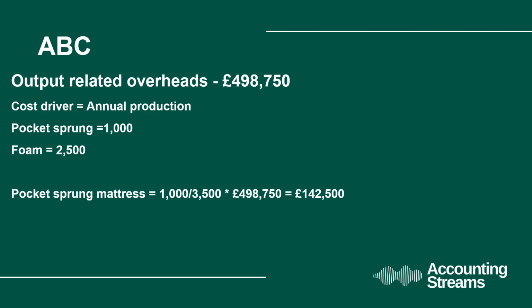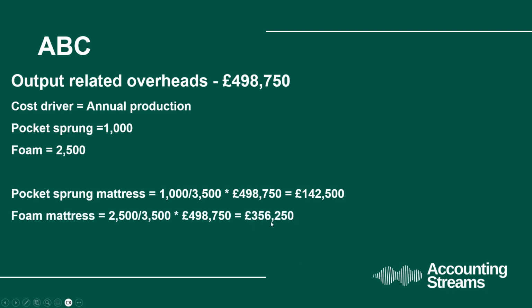So the difference between 498,750 and the amount we allocate to making pocket sprung mattresses will give us the amount to allocate to foam mattress, which will be £356,250. What this means is if we decide to make more mattresses, more foam mattresses, then we should expect that we'll incur more output related overheads, and this means that more of that amount should be allocated to making foam mattresses.